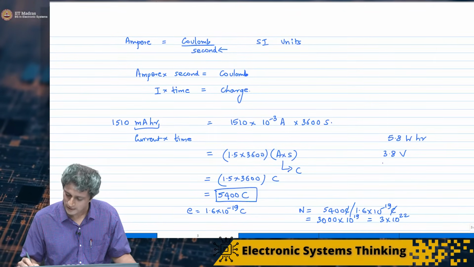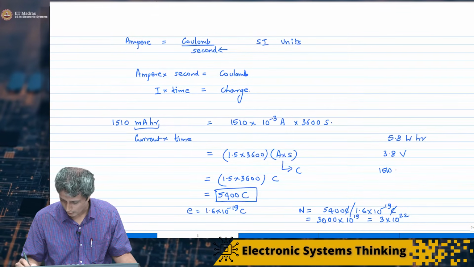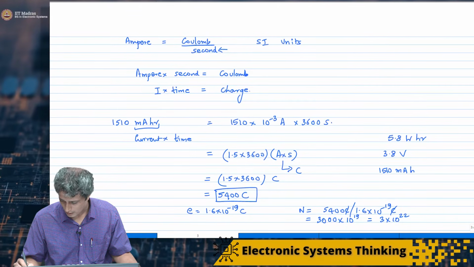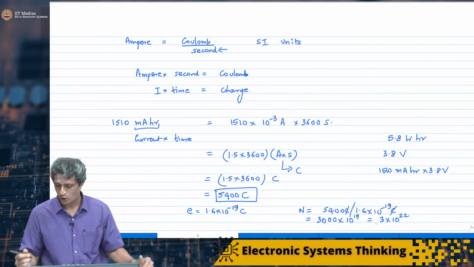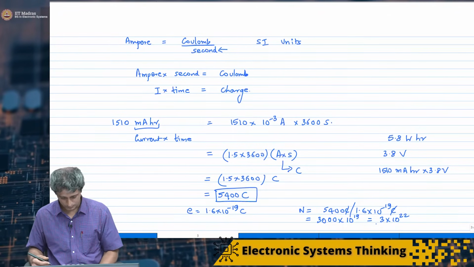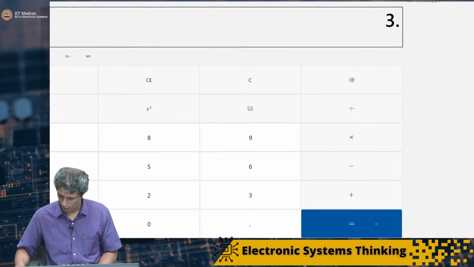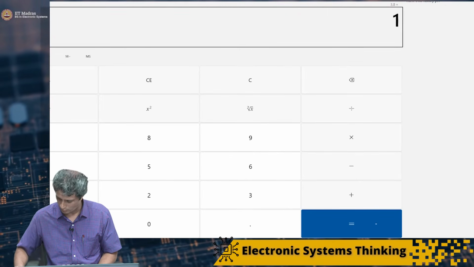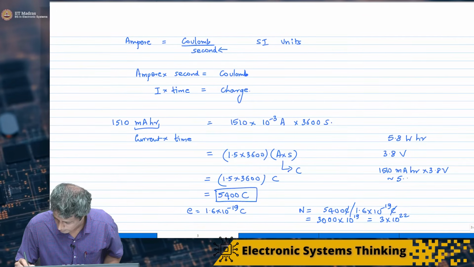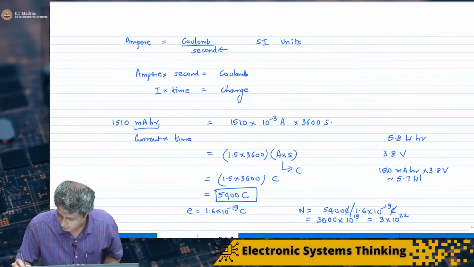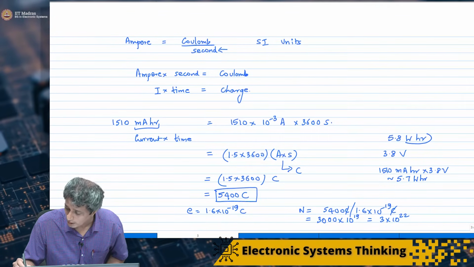So you take this 1510 milliamp hour and multiply it by 3.8 volt, then what you get is 3.8 into 1.5, approximately 5.7 watt hour, right? So what you see here is this watt into hour.